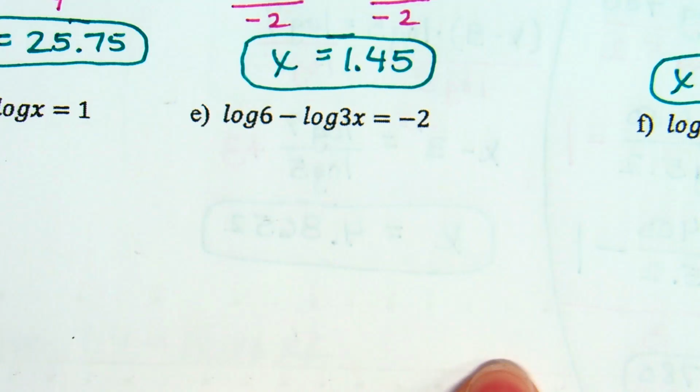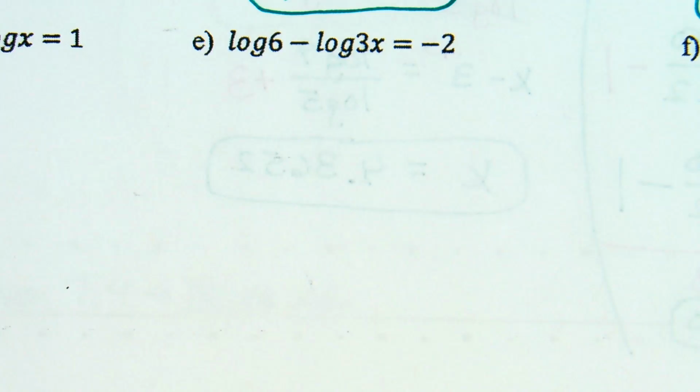Okay. Can we take two logs and rewrite them as one log if they're the same base? Yes. If the two logs are being added, you rewrite it as one log where the insides are multiplied. If the two logs are being subtracted, right here, we rewrite it as one log where the inside is divided.